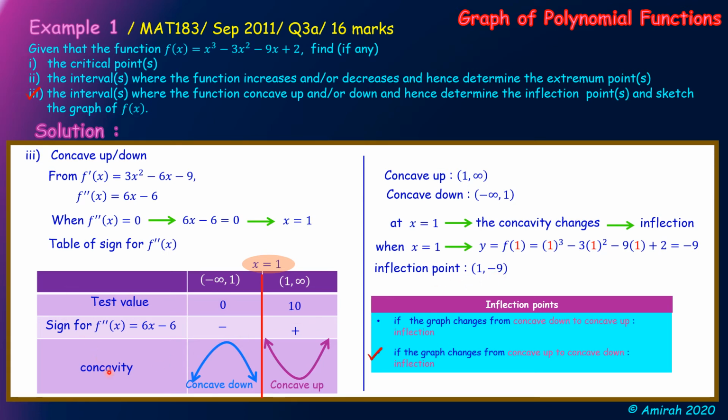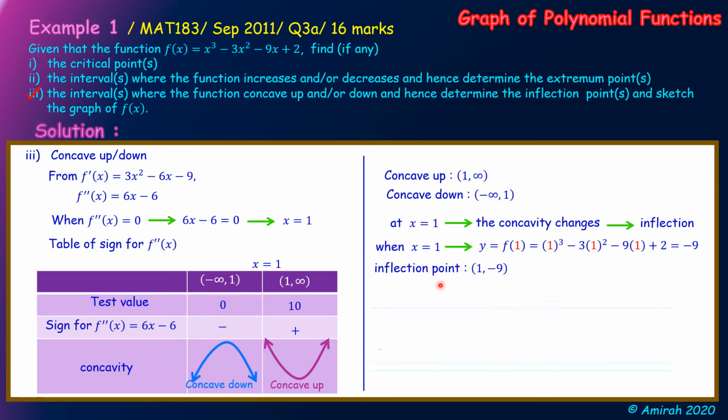But concavity and increasing, decreasing, concave up and down, mean intervals. Interval means we need to get it from the table of sign, from where to where. So this is the final answer for number 3 for inflection point only.